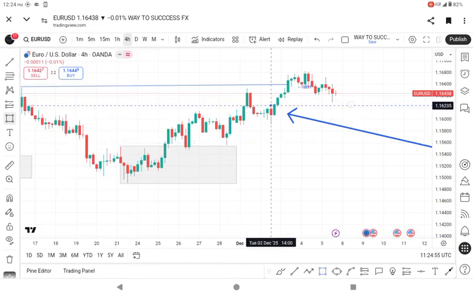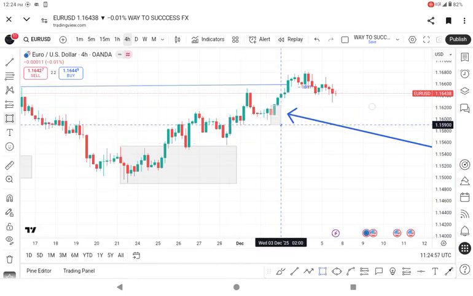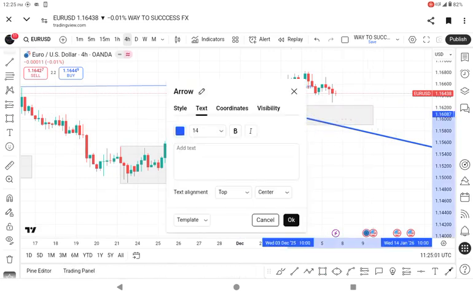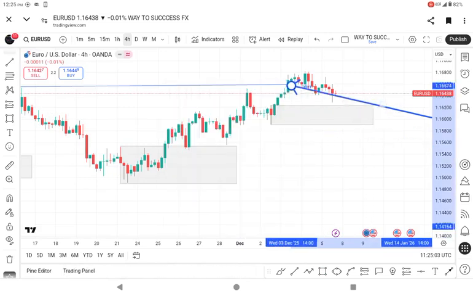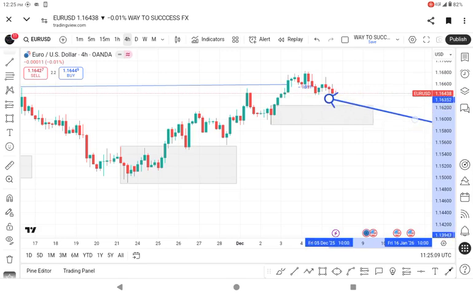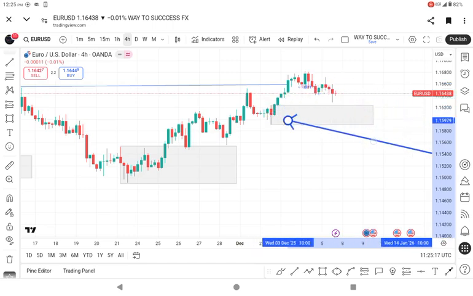This is the first order block. But since price made an attempt to go to the upside after taking this level and failed, broke the low, I'm no longer interested to buy at this order block, which is this one I marked here.